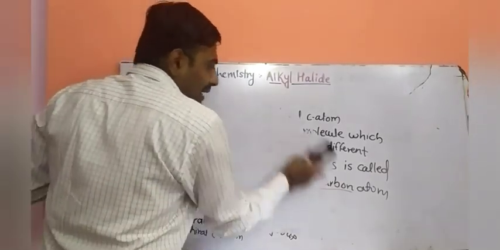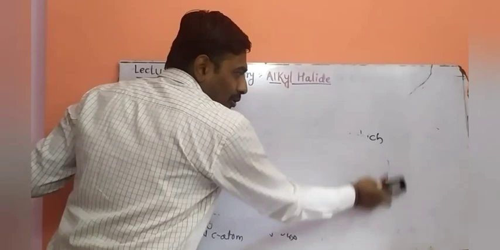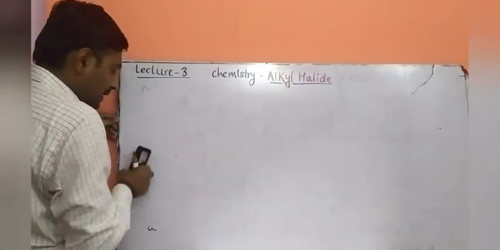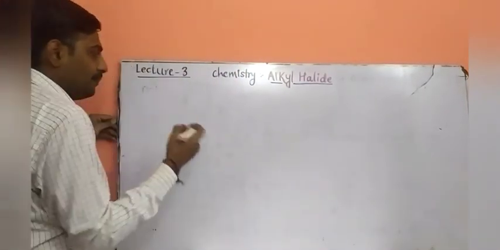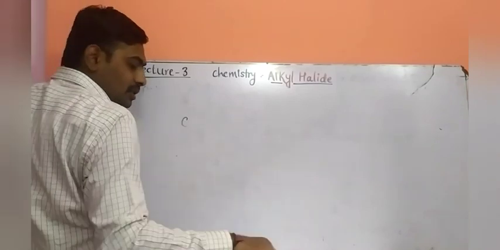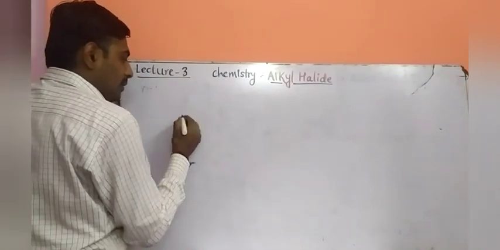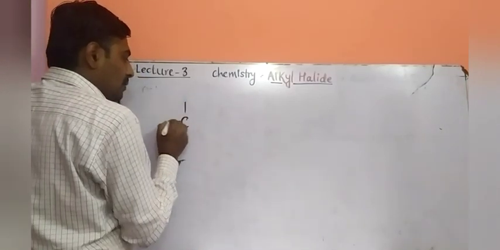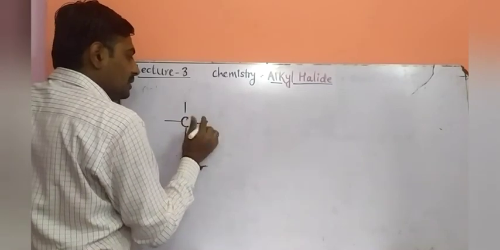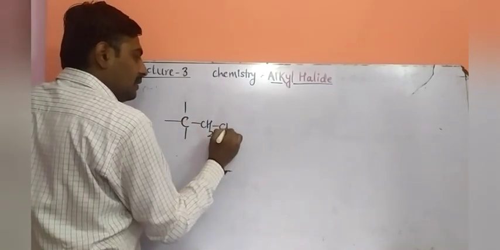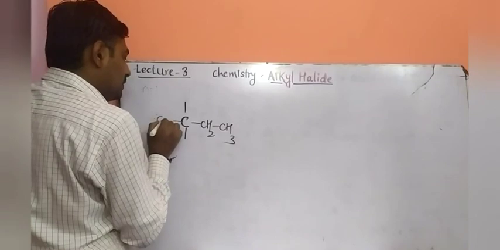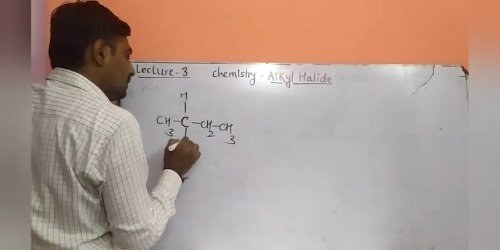We'll again discuss the same structure of 2-chlorobutane. So what is the structure? CH3, CHCl.